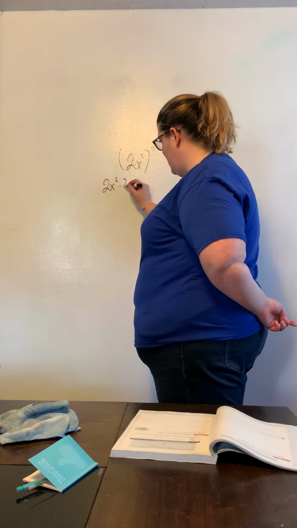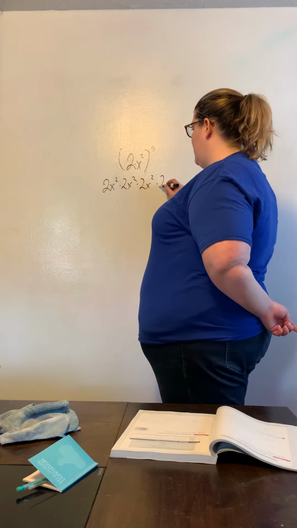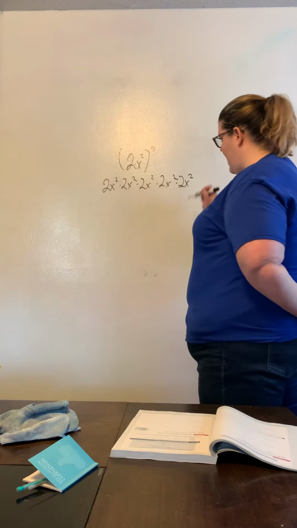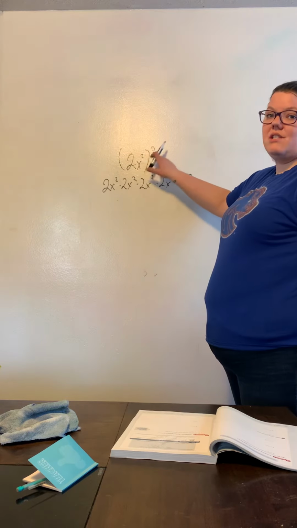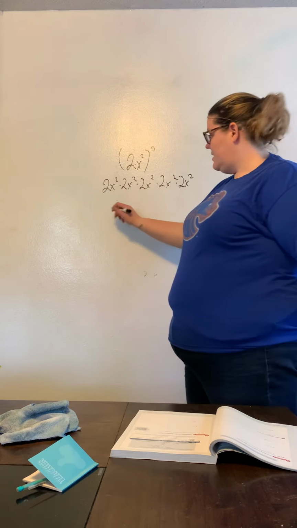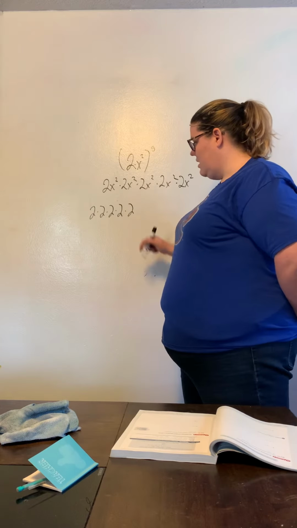2x squared, 2x squared, 2x squared, 2x squared, 1, 2, 3, 4, 5. So I've rewritten this 5 times to show our power of 5. I can rearrange this, put all my numbers together. I have 5 2's.